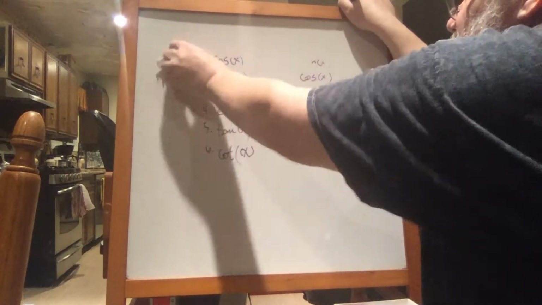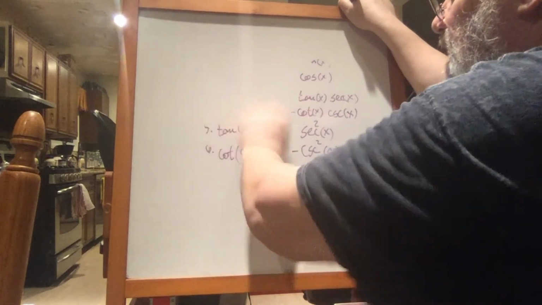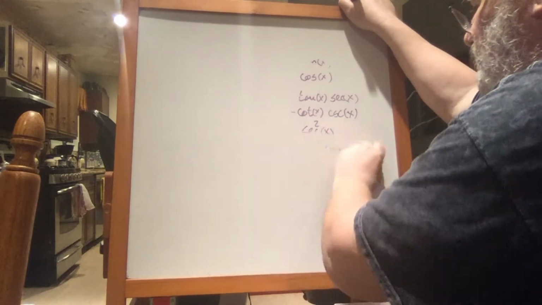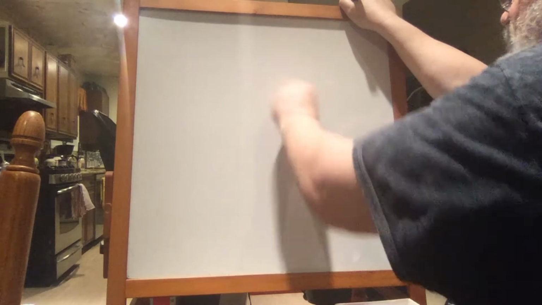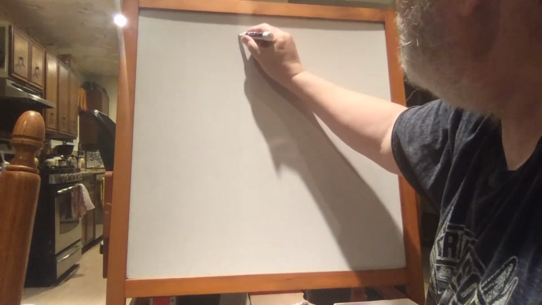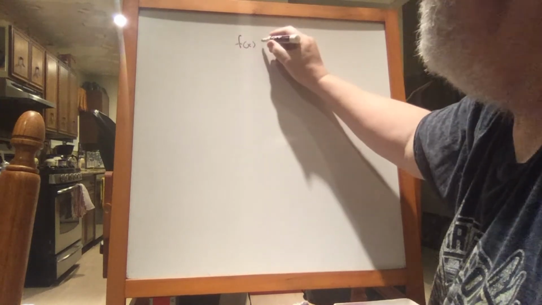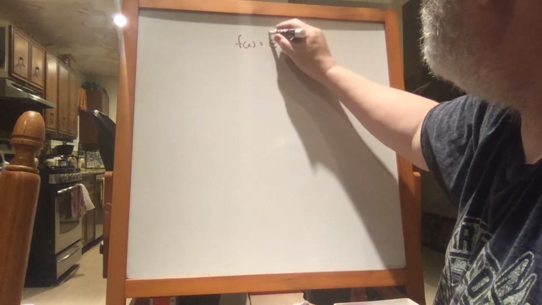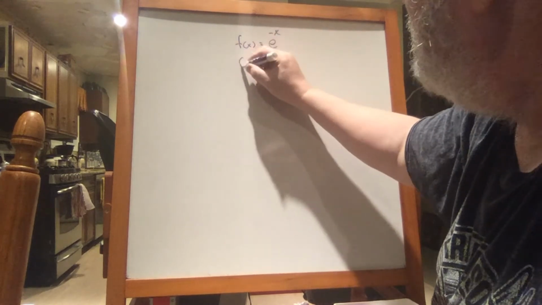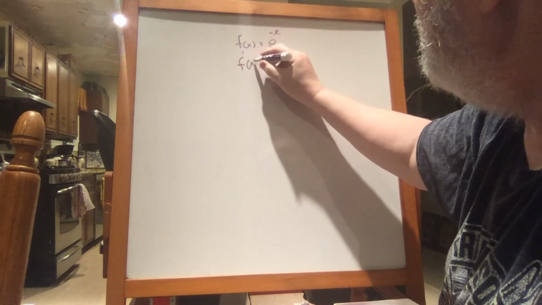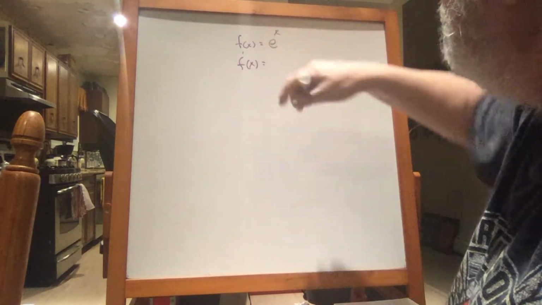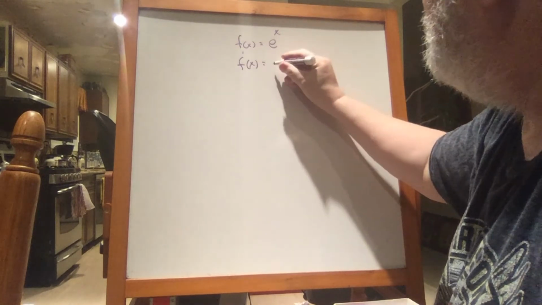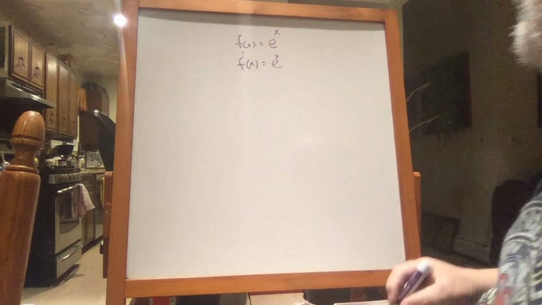Now, we also looked at e to the x. f of x is equal to e to the x, and f prime of x, and we looked at how you derive that, is simply e to the x again.